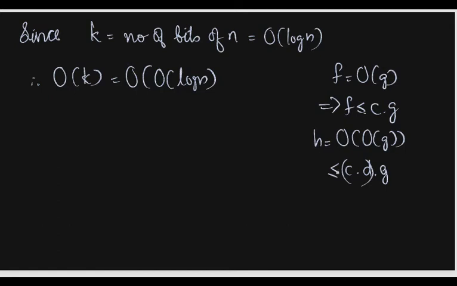So h is less than or equal to a constant multiple of g, which will imply that h is equal to big O of g itself. What does that mean? Big O of g is equal to big O of g. So we can write big O of log n as big O of log n itself.